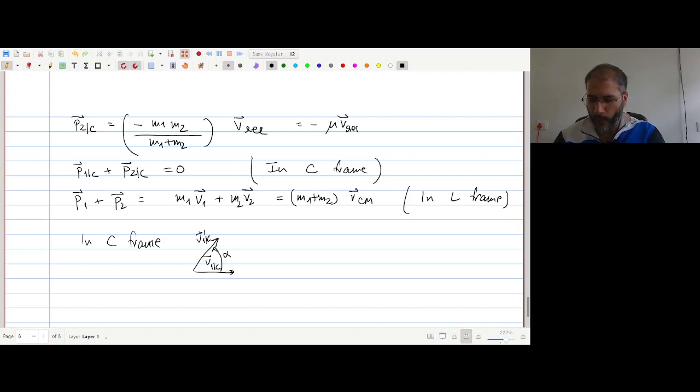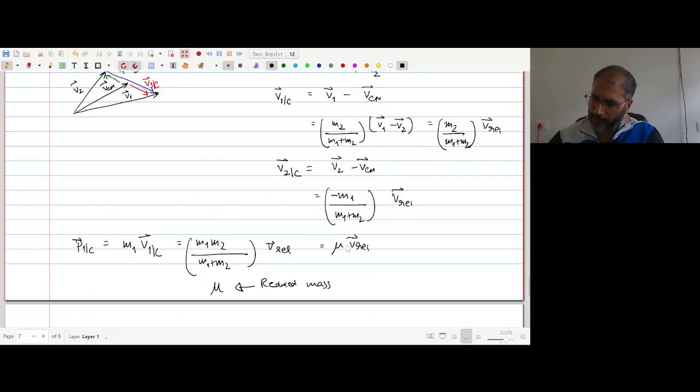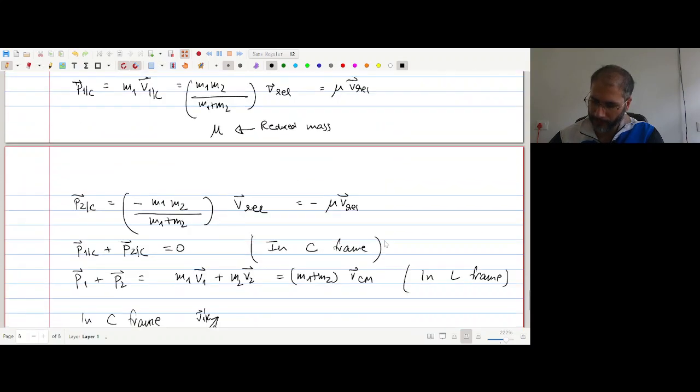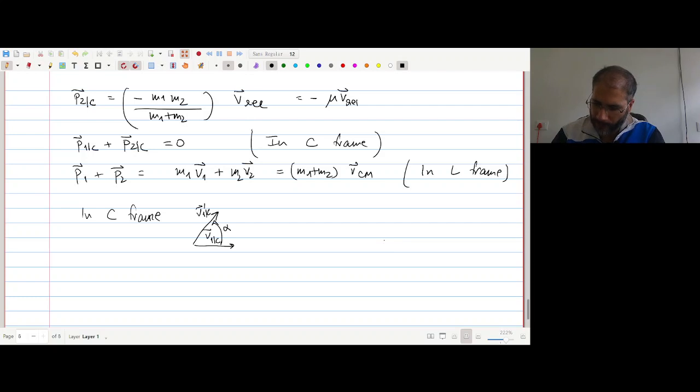And if I look at V2C, I already know the direction of V2C is V2 minus VCM, so that is going to be in the opposite direction of V1C. This also gets deflected by an angle alpha. So we see a deflection in both these quantities.